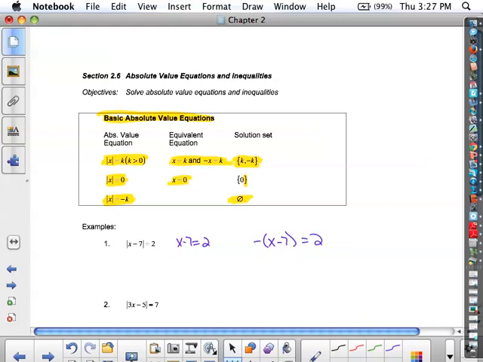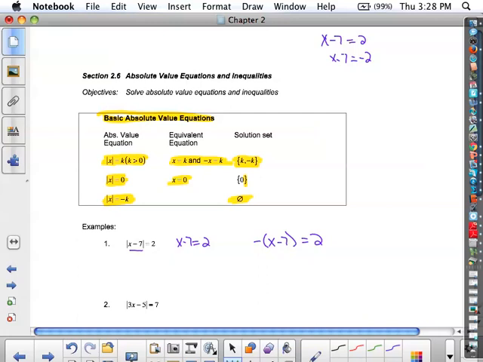Now, I think in middle school they tell you that you get two equations, x minus 7 is equal to 2, and x minus 7 is equal to negative 2. And although that usually works, that's not mathematically what is positive or negative. Mathematically, what can be positive or negative is what's inside the absolute value sign. So we're going to put the negative sign where it belongs, and that's on the value inside the absolute value.